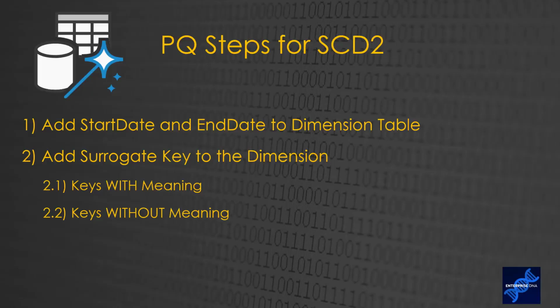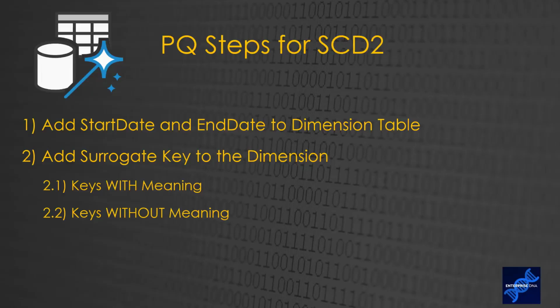First, you could do it with meaning, and I'll show you what I mean by this. But as we are talking about self-service BI, usually we are doing it with meaning because it's easier to debug afterwards. But in the data warehouse world, a true data warehouse guy would tell you that the surrogate keys are without meaning.